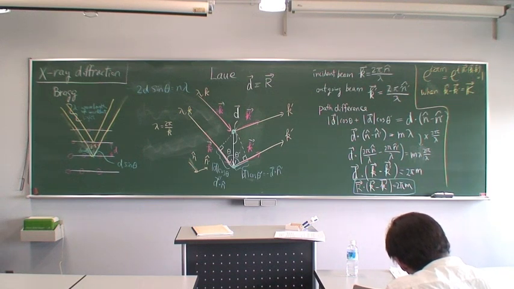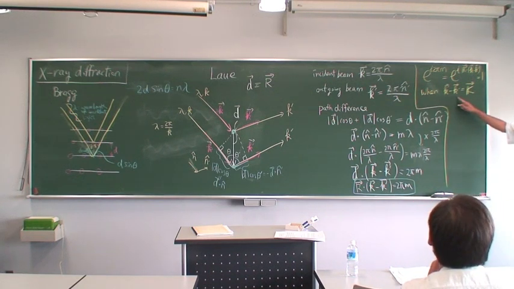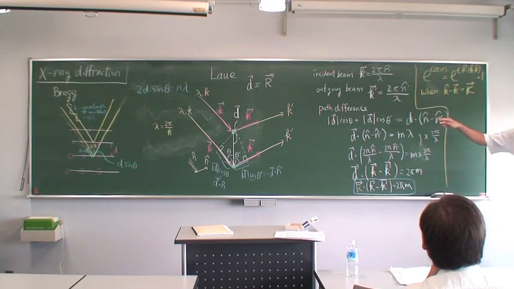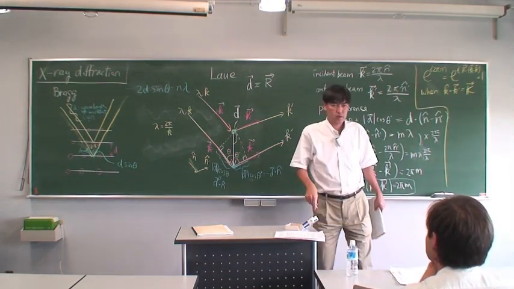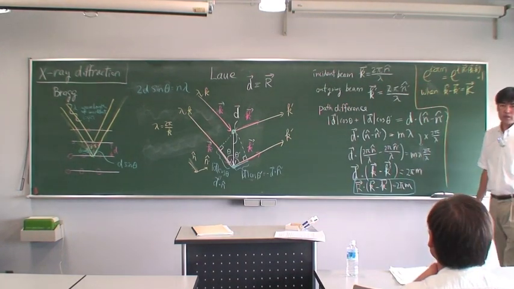In other words, constructive interference occurs only when k minus k prime is a reciprocal lattice vector.